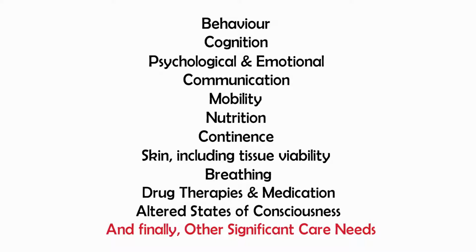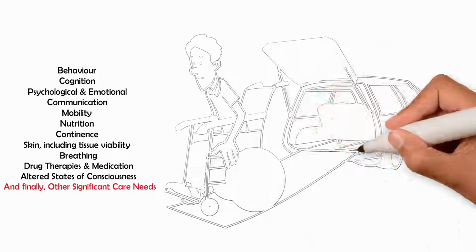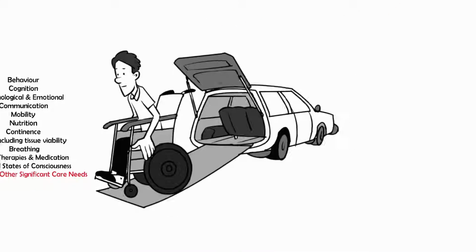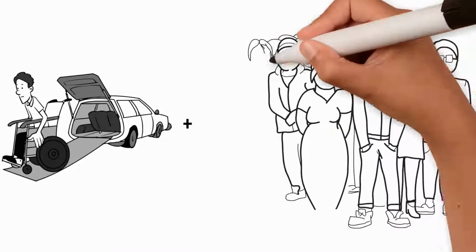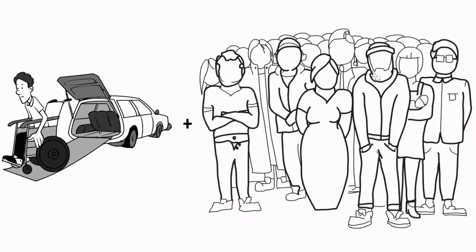These care domains were not designed specifically for people with spinal cord injury and are used to assess anyone who needs care. So, not all the domains will be directly relevant.